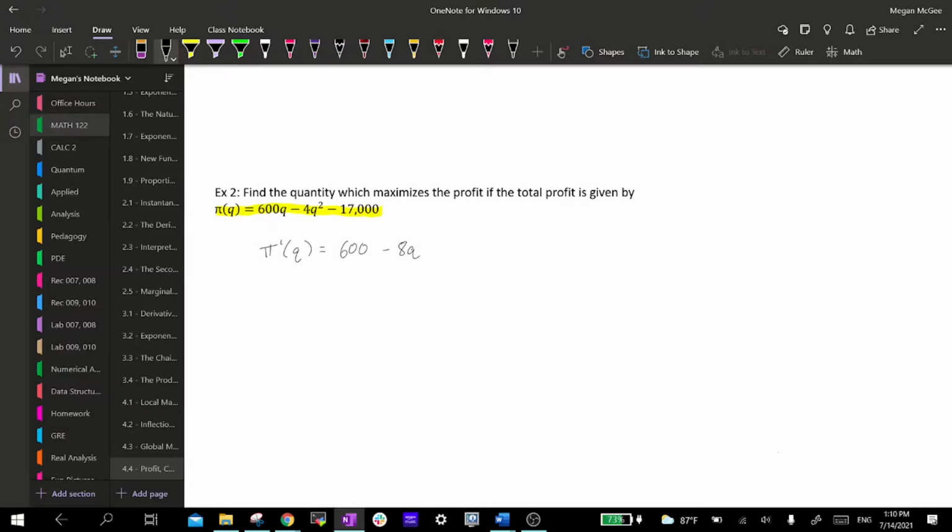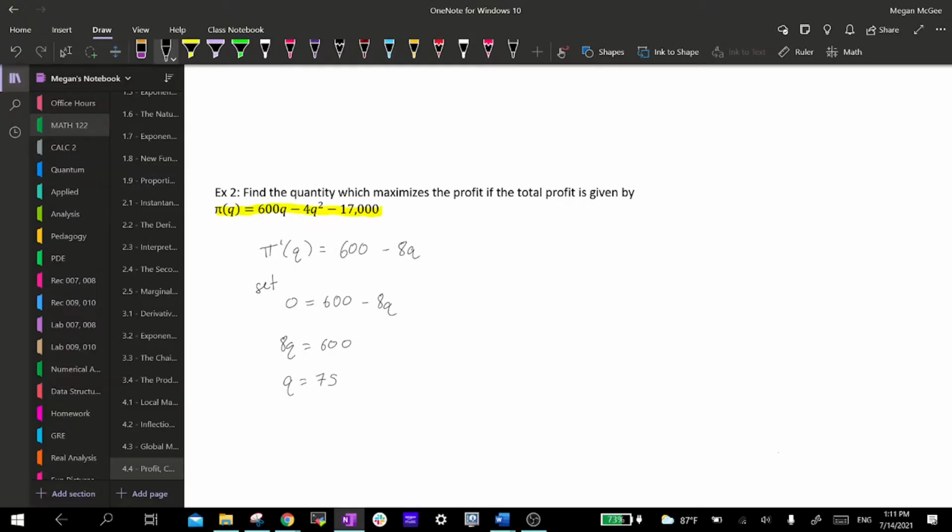Then we need to set that derivative equal to 0 and solve for Q. So we have 8Q is equal to 600. Divide by 8, we get Q is equal to 75.